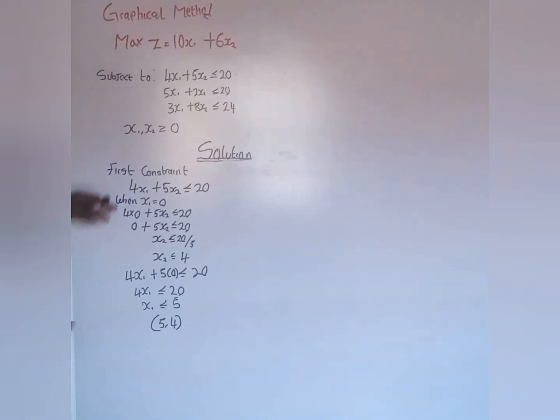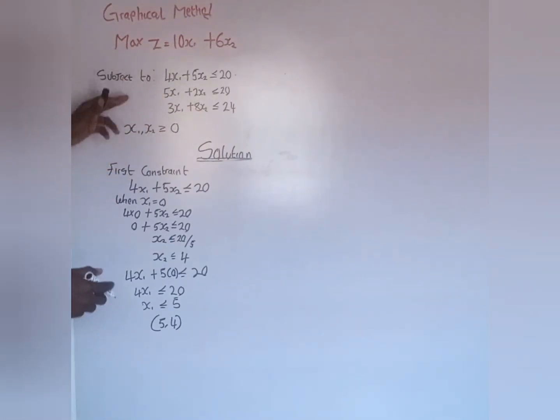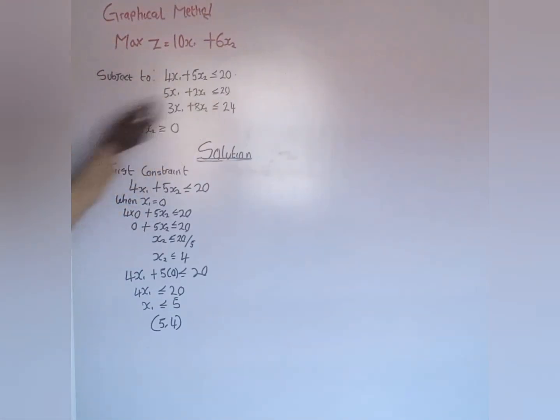Now let's proceed to get the value of x1 and x2 for the second constraint, which is this. This is the second constraint.